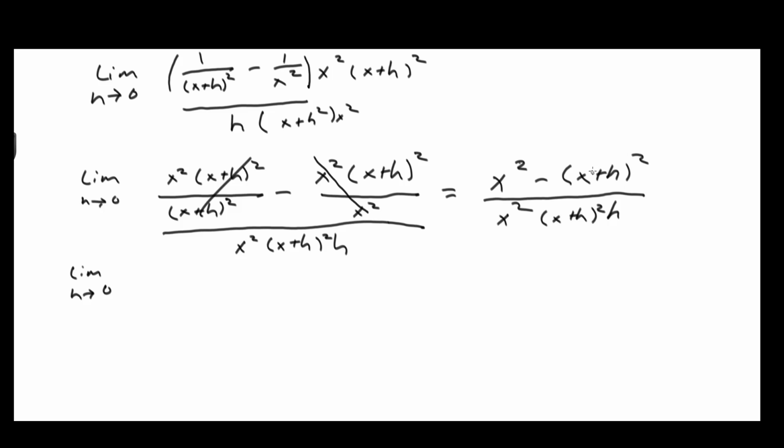It's not a whole lot we can do. So like we did earlier, we're just going to have to expand this out. What that ends up turning into is x squared minus, and here's our expansion of this term right here, x squared plus 2hx plus h squared. That's also over our denominator.